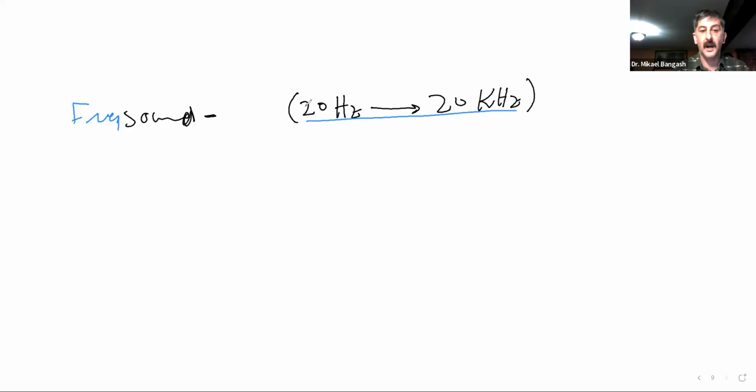What do you mean by 20 hertz? That is 20 cycles per second. What do you mean by 20 kilohertz? 20,000 cycles per second. And this is what we can say is the audible range for the human ear.